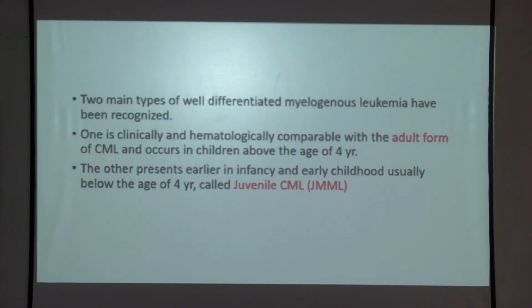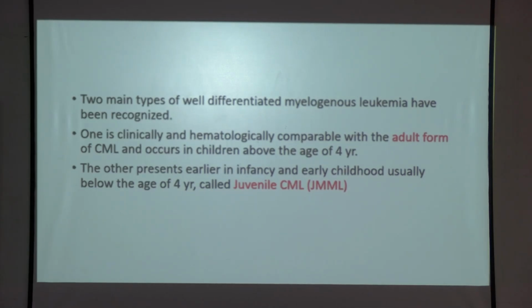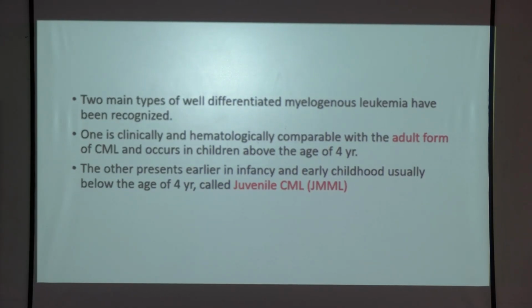The second form occurs earlier in infancy and has a very poor prognosis. It is also called Juvenile Myelomonocytic Leukemia or Juvenile CML. It occurs in infancy and below 4 years of age.